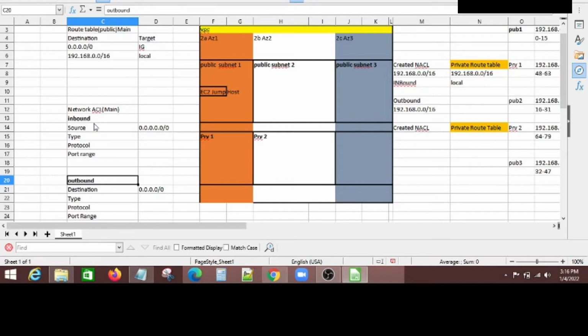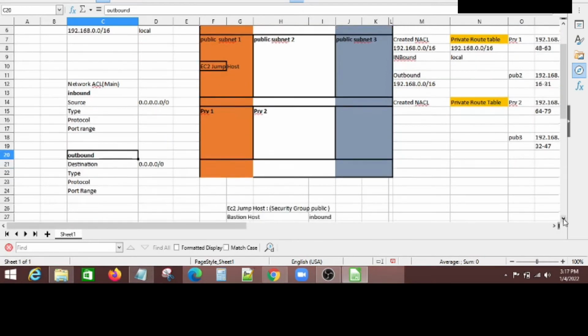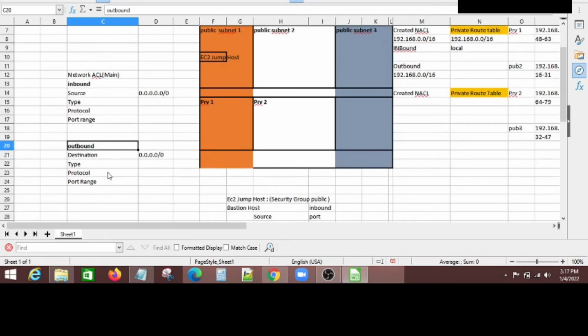In the outbound, where you want to send the traffic, what type of traffic you are allowing, what protocol you are using, and what port range you are allowing. That's what will be given in the outbound rules.